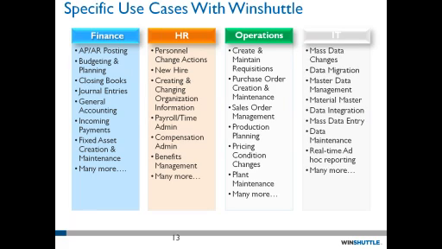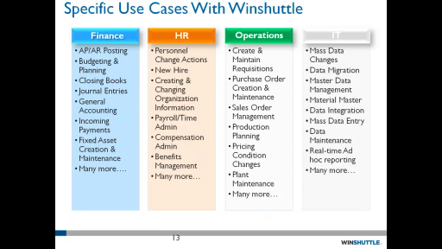In HR, I showed you an example of a new hire, but creating and changing organization and updating benefits information can be challenging, and the solutions that Winshuttle has can help really radically accelerate the way you can update benefits within your SAP system.